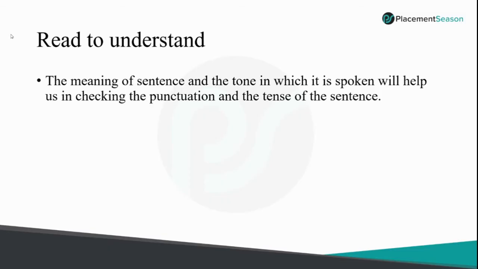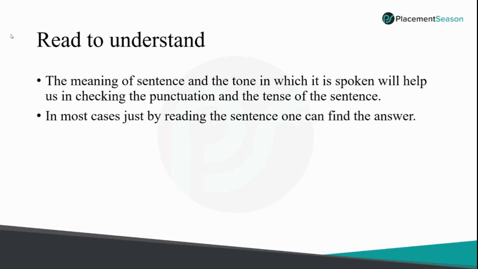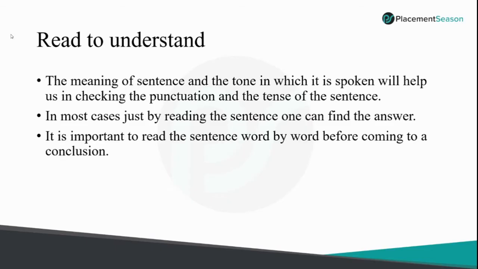So reading it and trying to get a grip on the tone of the sentence will help you. In most cases, just by reading the sentence you can find the answer. It's very important to read the sentence word by word before coming to a conclusion. See, only by reading it, we were able to find that yet is a contrast indicator, and based on the yet, we came to a conclusion.